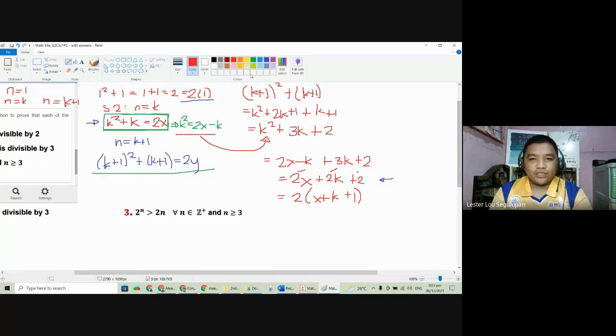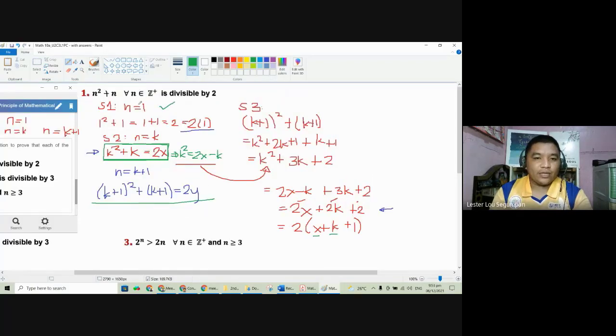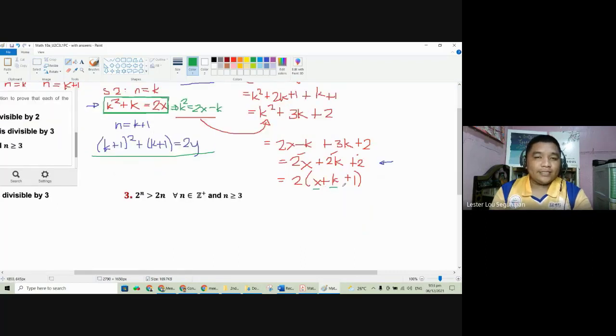With this expression now, we could see that whatever the values of x and k, as long as they are integers, since that's what we're talking about here, they are always going to result in a value that is divisible by 2. So let's say x is 5 and k is 3. So 5 plus 3 plus 1 is 9 times 2, 18, still divisible by 2.